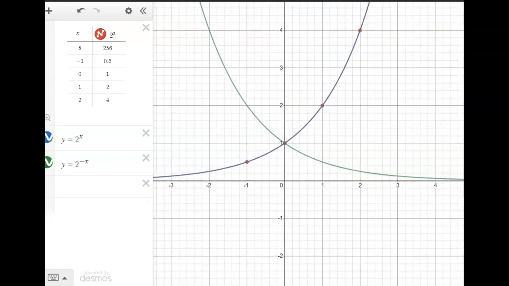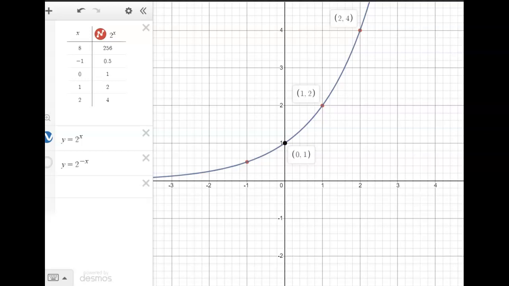So let's just show the first one that we already graphed, 2 to the power x. And you could see we have some points there that are in red, and you could see the coordinates because they're on the table as well. Okay, and so what we're going to do is graph 2 to the power negative x.